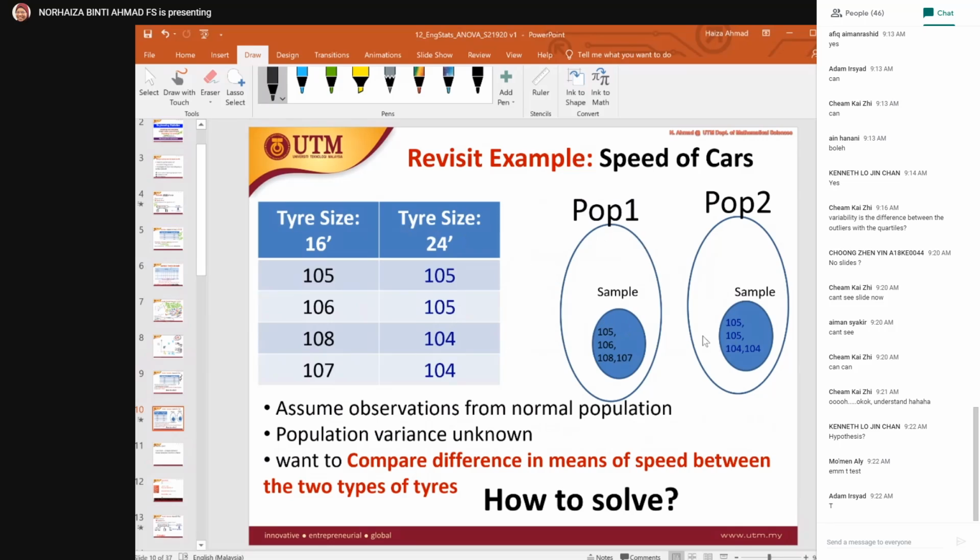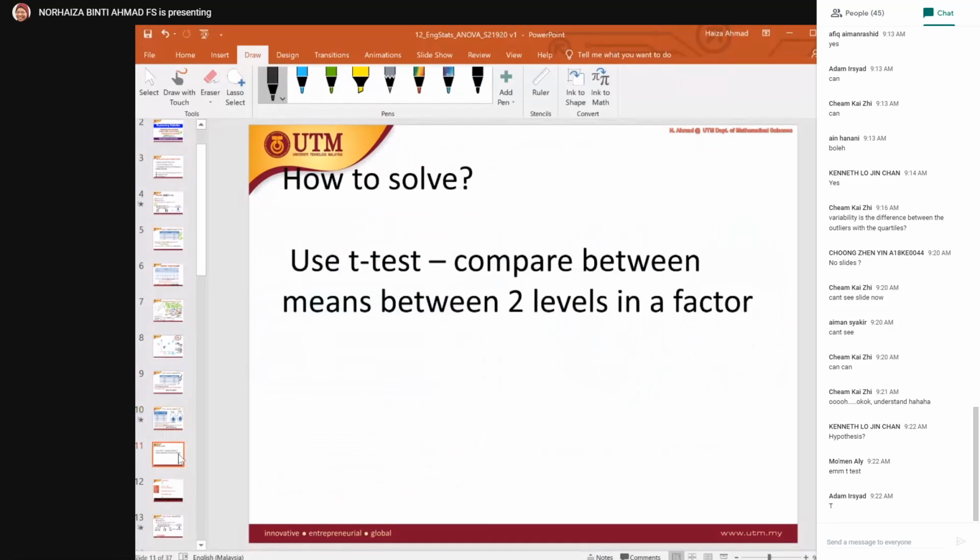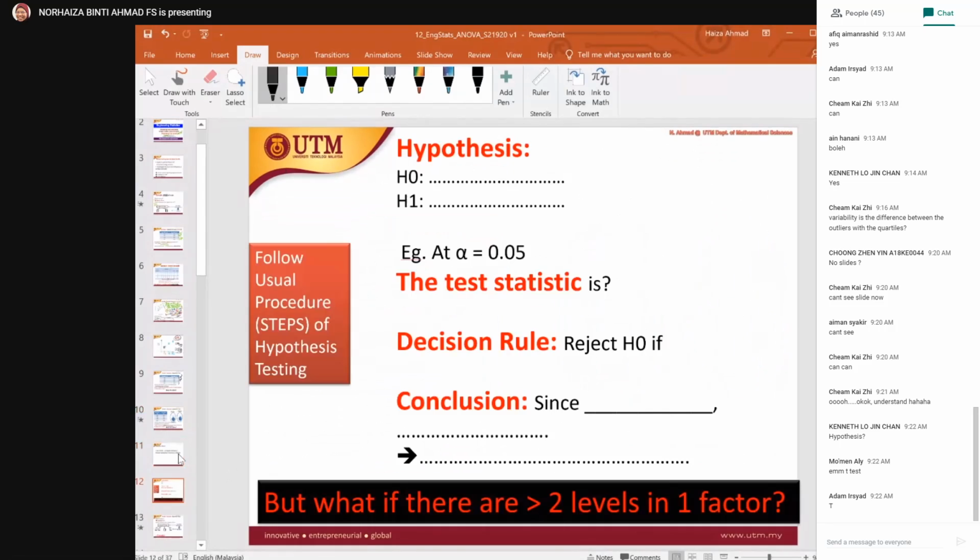So for you to compare the difference in means, therefore you can use a t-test with levels in a factor. So here you have mu1 equals mu2. Dia nak compare the difference. So mu1 not equals to mu2.